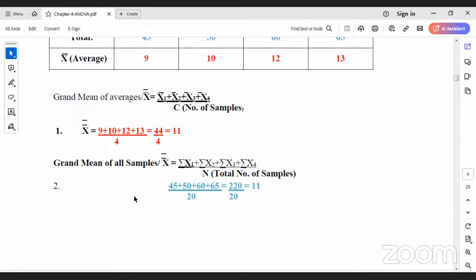Then here 9 plus 10 plus 12 plus 13. How many columns are there? 4 columns are there. So 44 divided by 4, that is 11. Is it understood? Is it clearer?